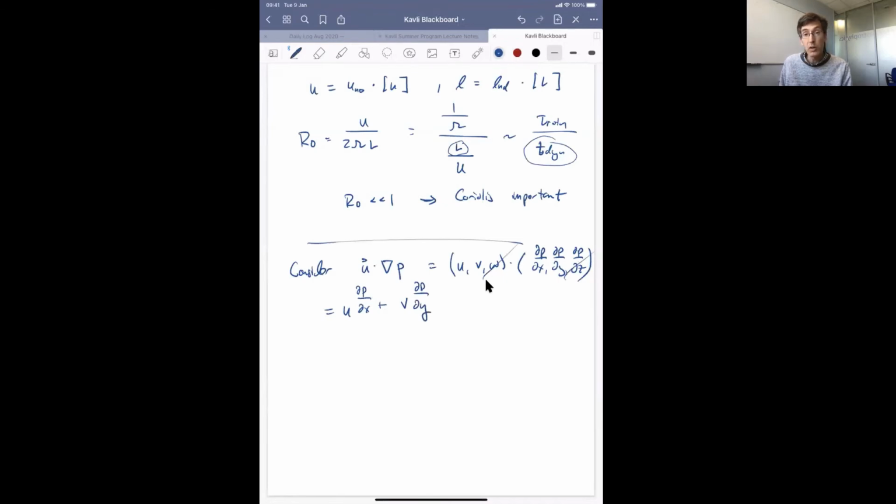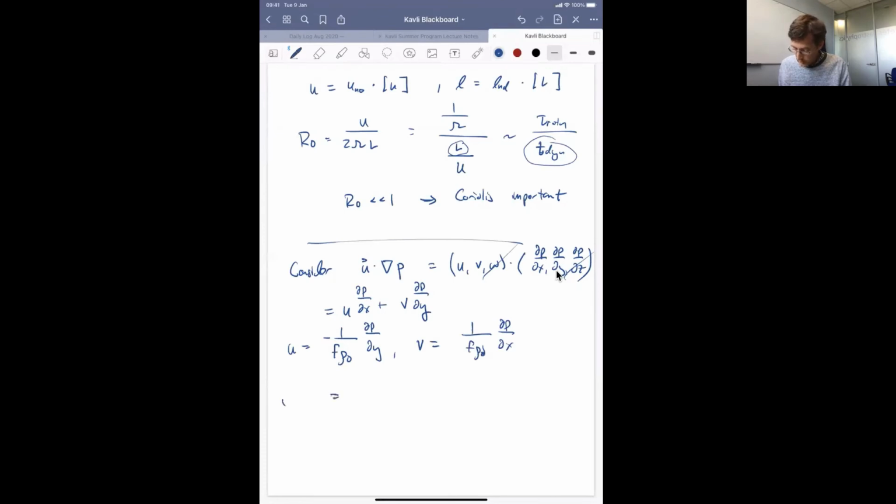And we're going to assume that the flow is geostrophic. So we had from above that u is minus 1 over f rho naught dP/dy, and v is, similarly, if we go back to my expressions here, v is 1 over f rho naught dP/dx.